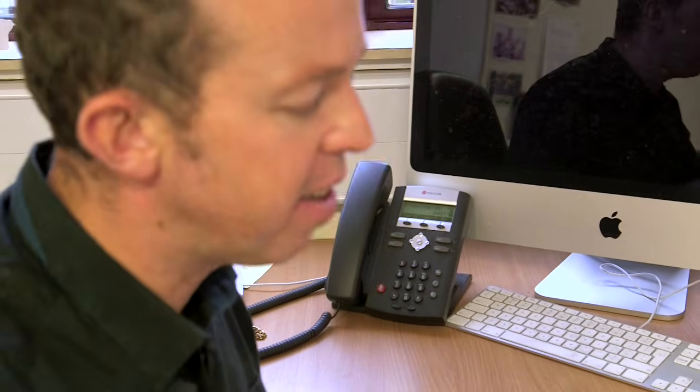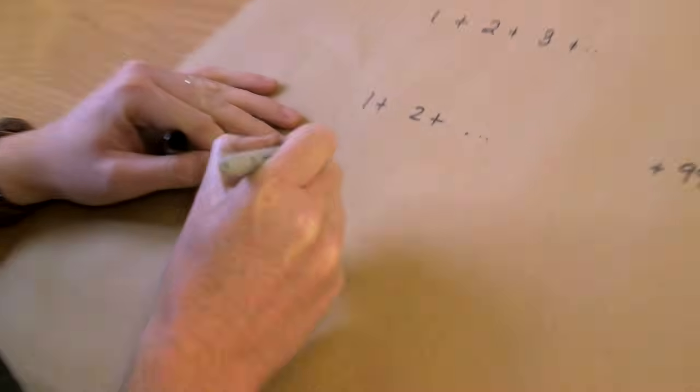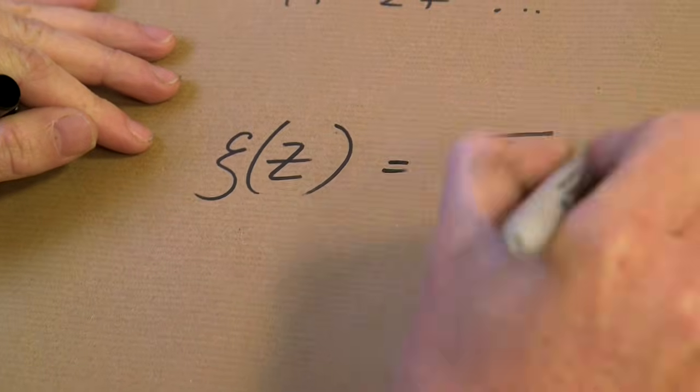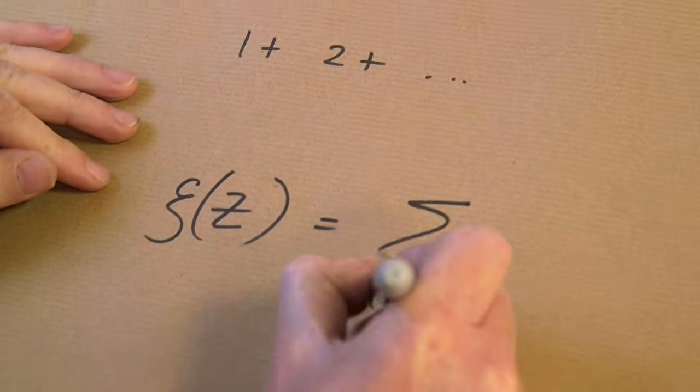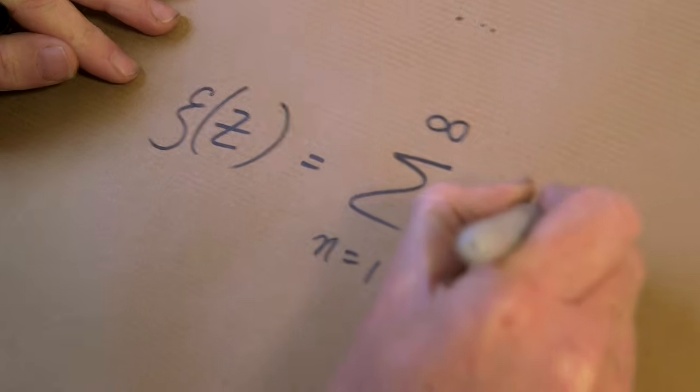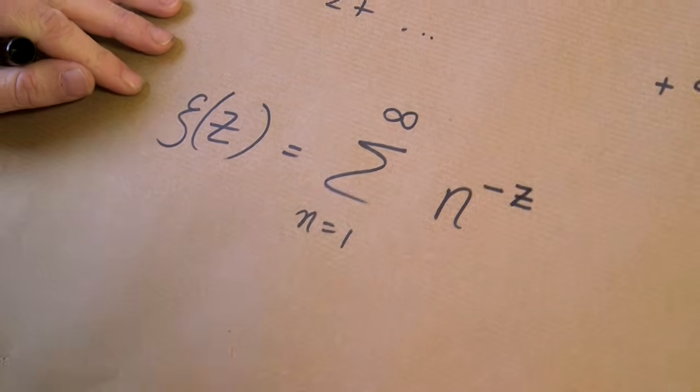And there's various ways in which you can do that. One way is that this is a special case of the Riemann Zeta function. So what is the Riemann Zeta function? It's defined like so: the sum from n equals 1 to infinity of n to the minus z.